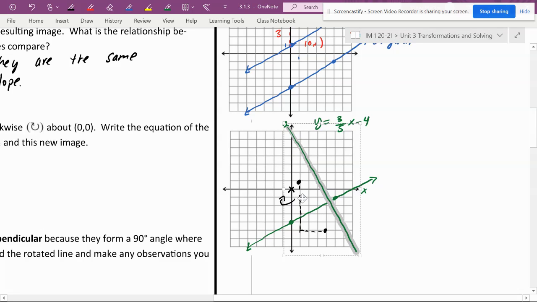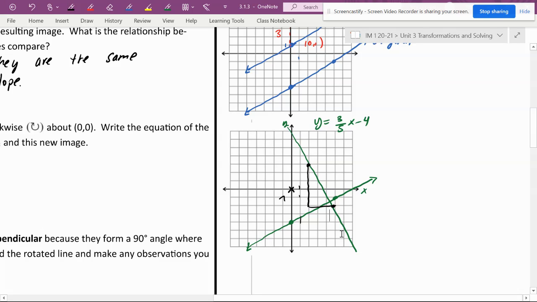Yeah. The slope's still the same, believe it or not. Okay. Let me erase that so you won't get confused. All right. So now it's rotating 90 degrees. Sorry about that. So again, I go down 5 and then 3 to the right to get the next point.